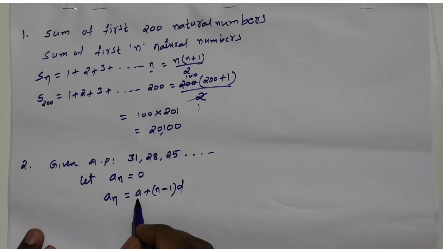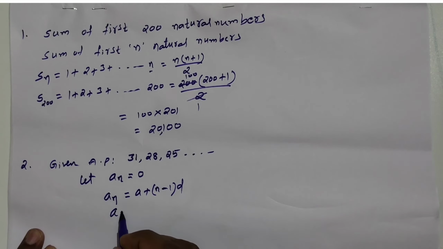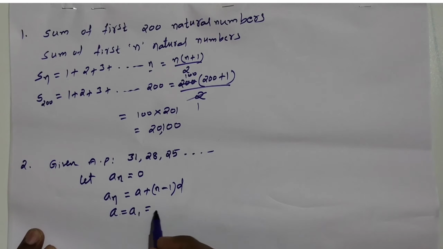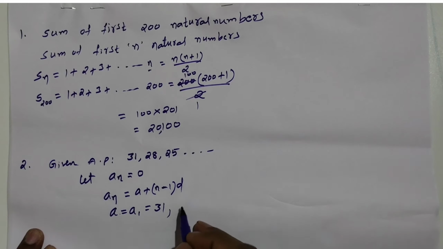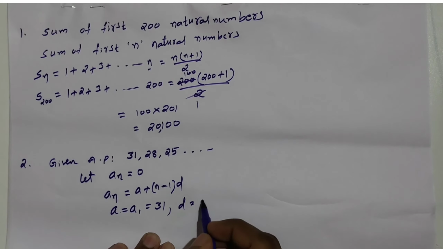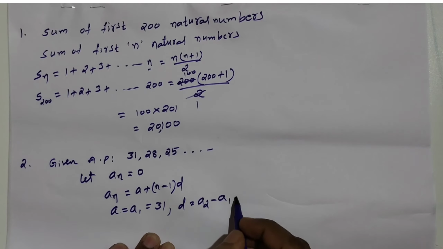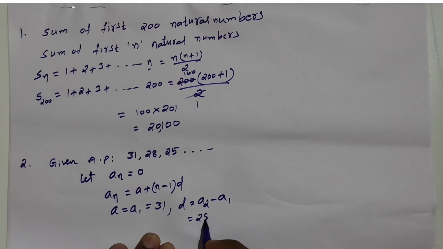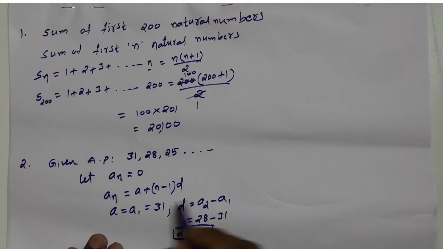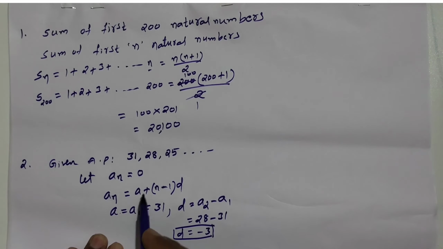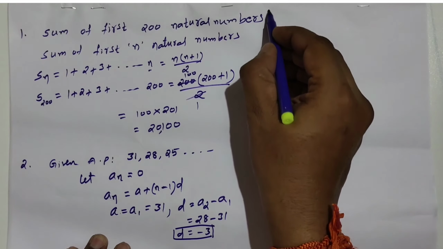Already we have the value of a, that is the first term, 31, and d is the common difference, that is a2 minus a1. A2 is 28, minus 31, so the d value is minus 3. Substitute the an value, a value and d value in the formula.